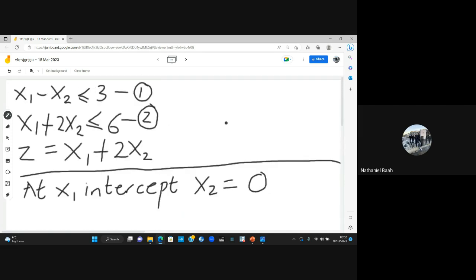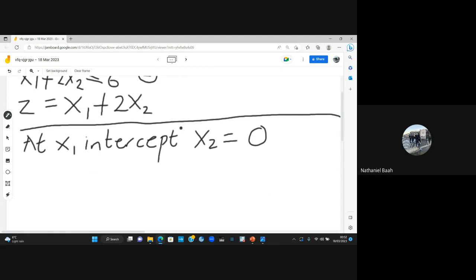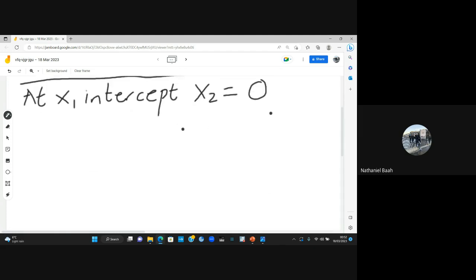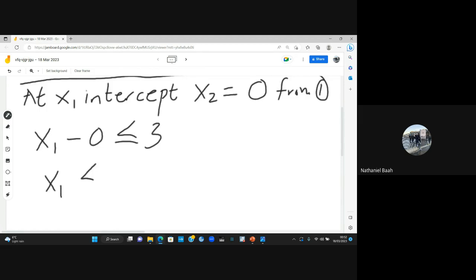So now that means from equation 1, so we are focusing on equation 1 first. So from equation 1, we are going to get x1 minus 0 less than or equal to 3. So our x1 here should be less than or equal to 3. Good.